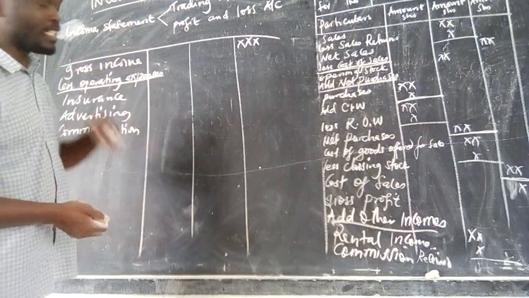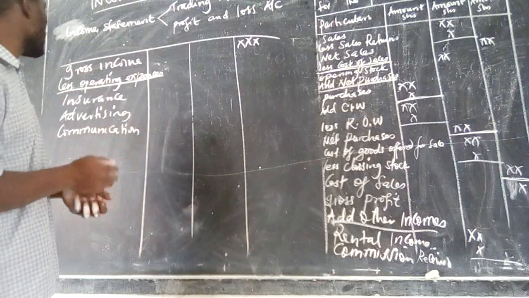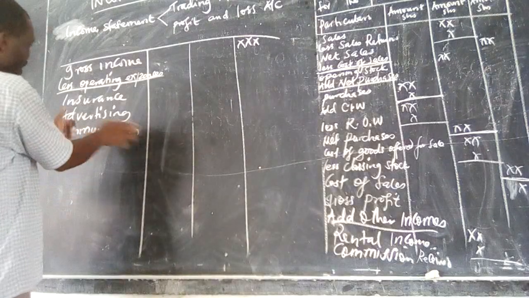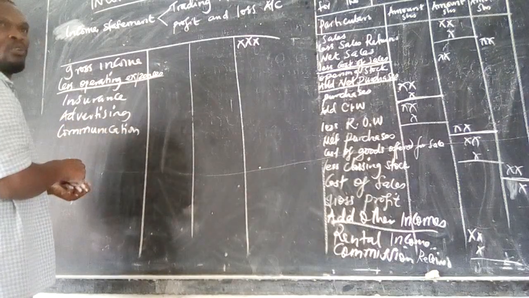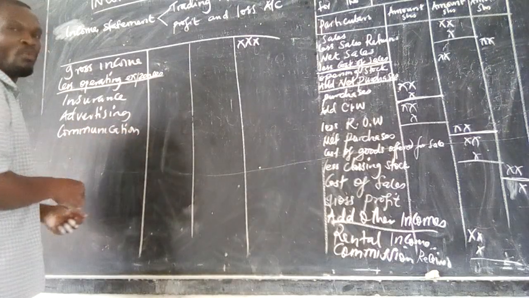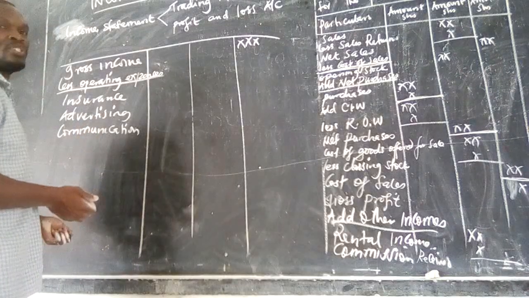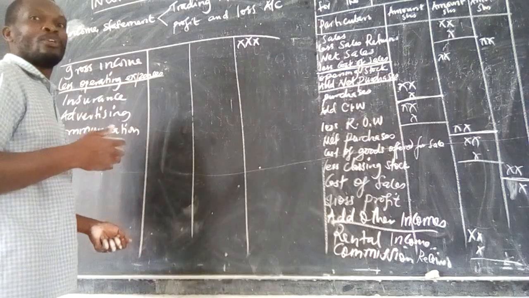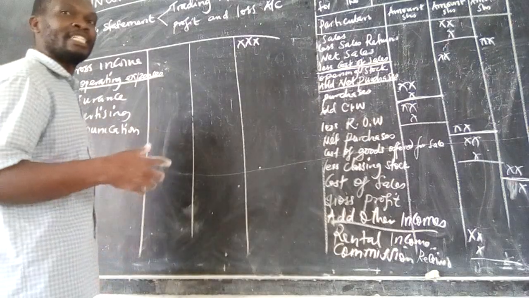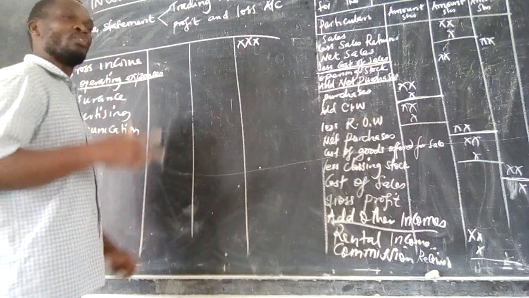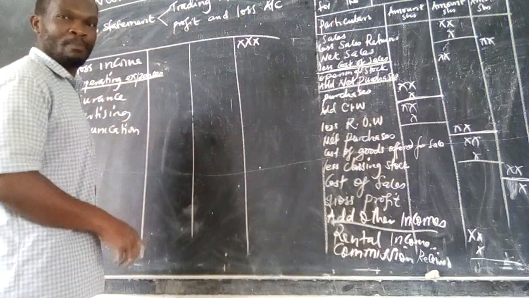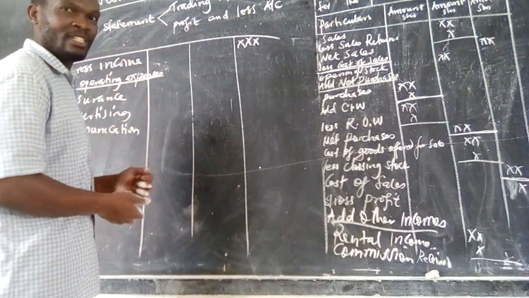We shall be seeing that in our next presentation. In case there are adjustments or changes that need to be worked on, for example you are supposed to pay advertising costs but you did not pay, or you paid money that belongs to the next period in this period, how would you deal with such a transaction?